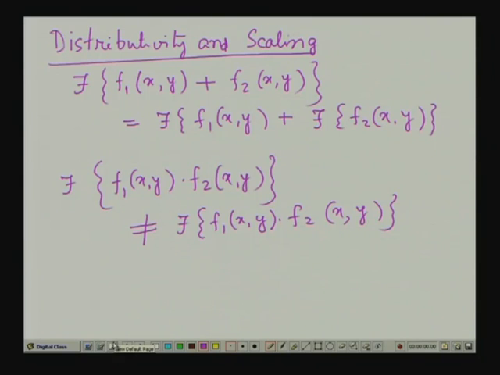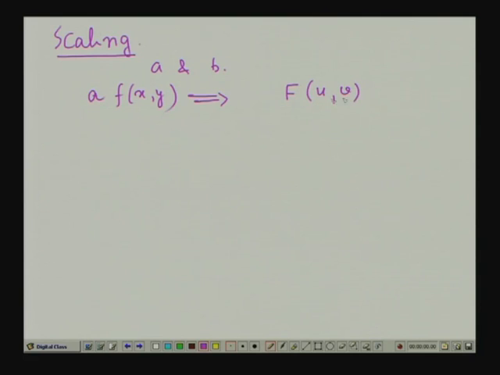So, the next property of the same discrete Fourier transform that we will talk about is the scaling property. The scaling property says that if we have two scalar quantities a and b, now given a signal f x y, multiply this by the scalar quantity a, its corresponding Fourier transformation will be F u v multiplied by the same scalar quantity a, and the inverse is also true.